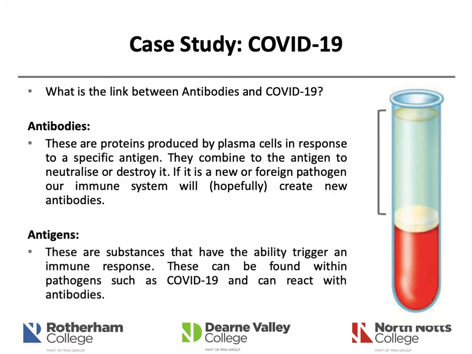Antigens are substances that have the ability to trigger an immune response, and these can be found within pathogens such as COVID-19, and these can react or not react with our antibodies. It's hoped that antibodies combine with the antigen to neutralise or destroy it, but if this is a new or foreign pathogen, our immune system will hopefully attach to the antigen and ultimately, as a result of that, create new antibodies in a process called acquired immunity.